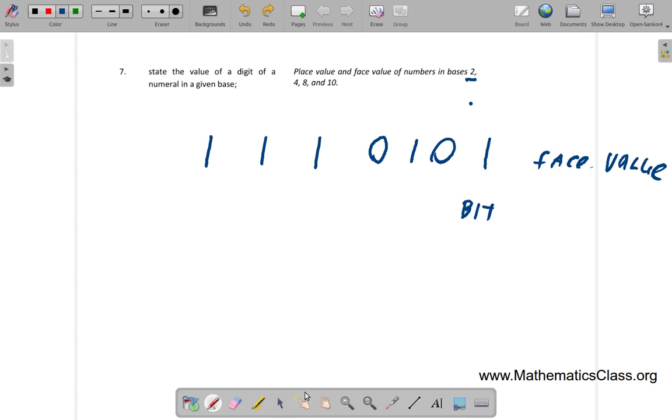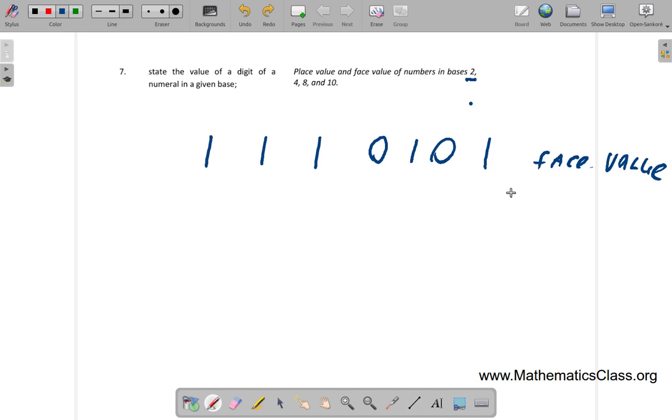Then you put more than one bit together and you get a byte, and when you put more than one byte together, you get a word. But anyway, where are we now? We're looking at the face value of each digit.